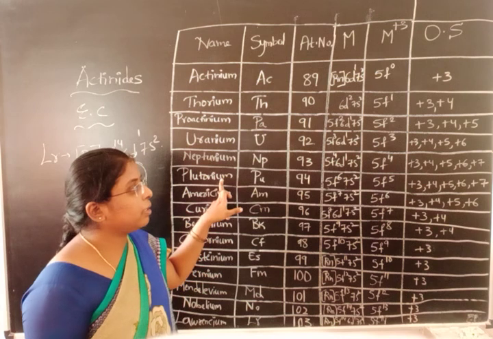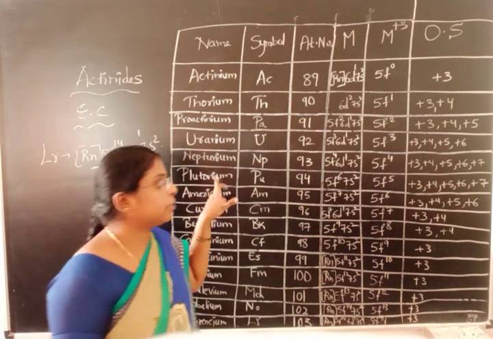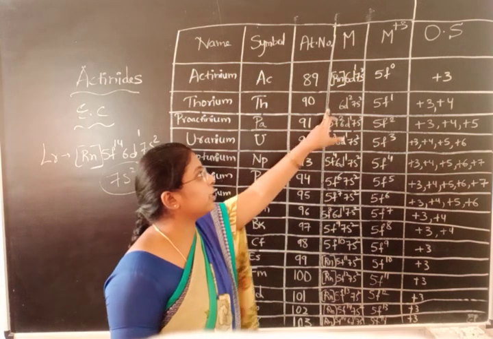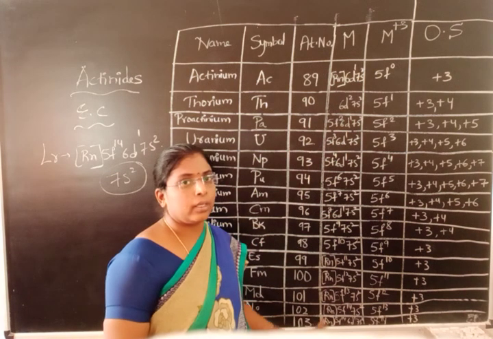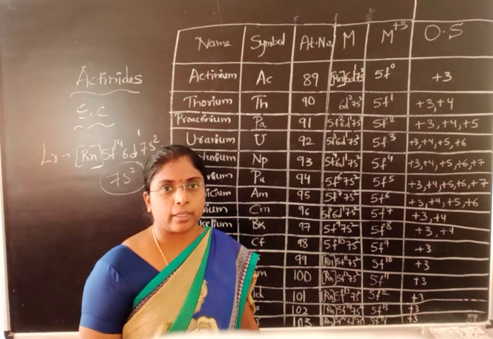So some of the elements do not contain any electron in the d shell, and only one element, thorium, does not contain any in f. There is no regular electronic configuration in the case of these actinide elements.